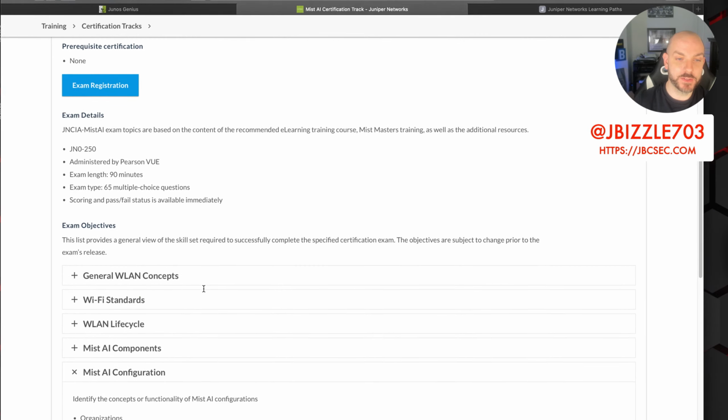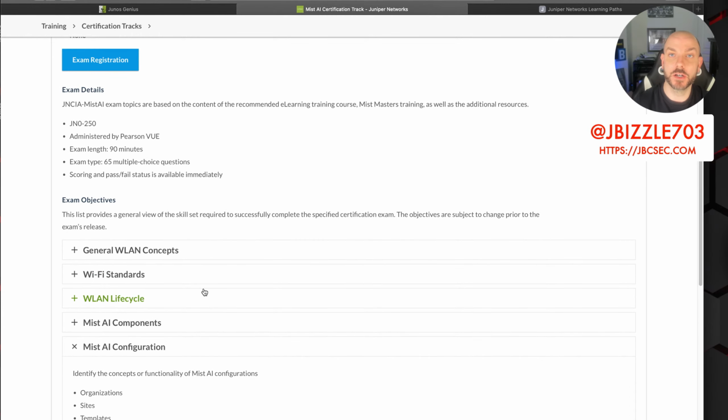And then the areas that it covers is a combination of the particular things that we would normally see, like in the Network Plus, wireless topics for their learning objectives.